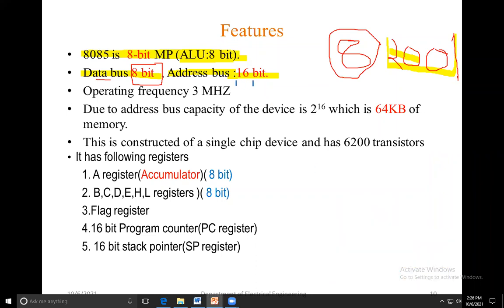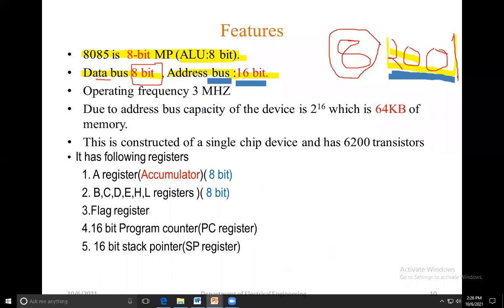So 2001 is the location, and at that location this 8 is stored. This 8 is transferred through the data bus, and the location is transferred through the address bus. So separate address and data buses are present. We will discuss multiplexing afterwards. But address means the location where the value is stored, and it is transferred by the address bus, and the value is transferred by the data bus.